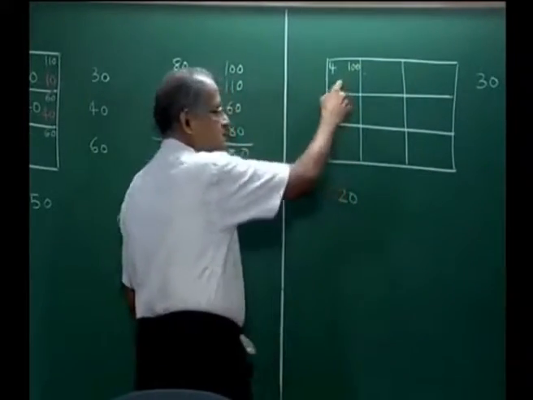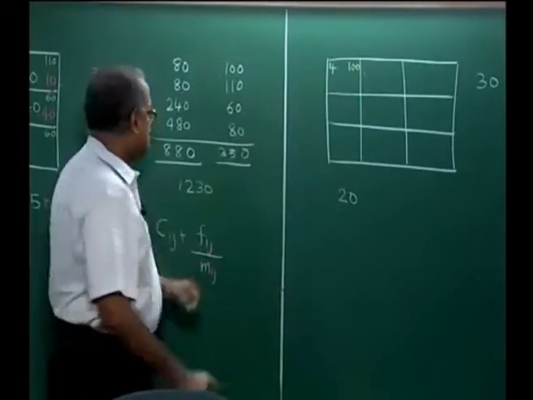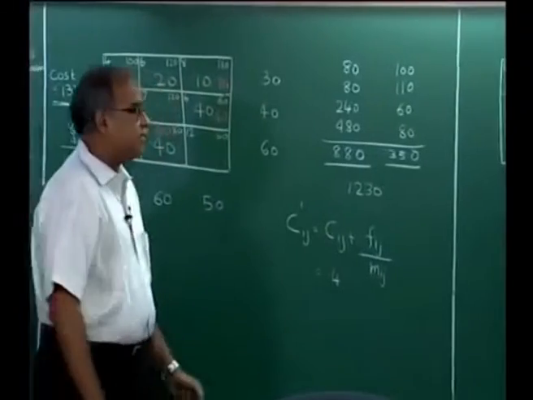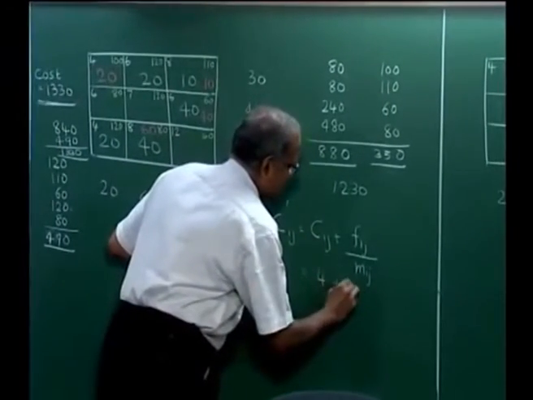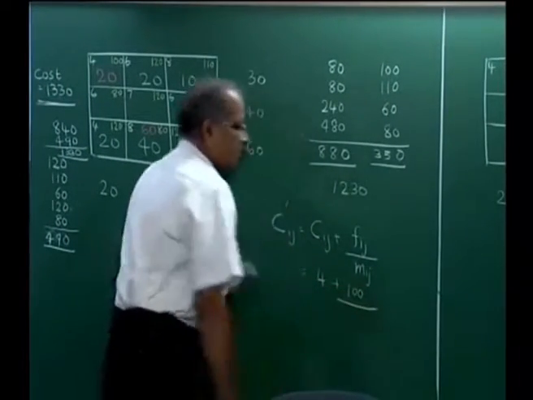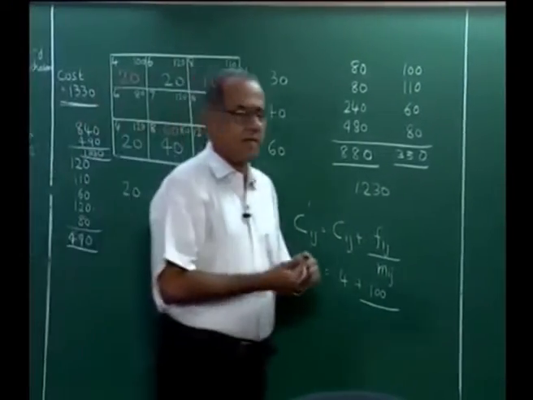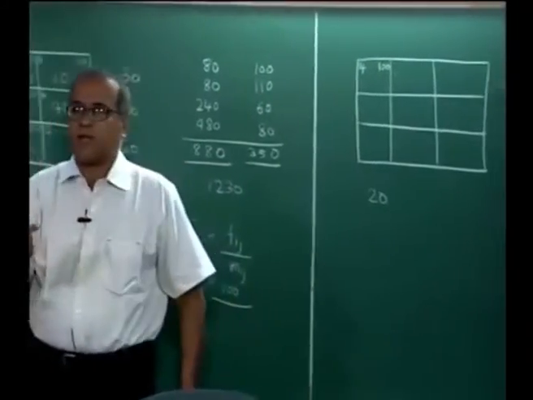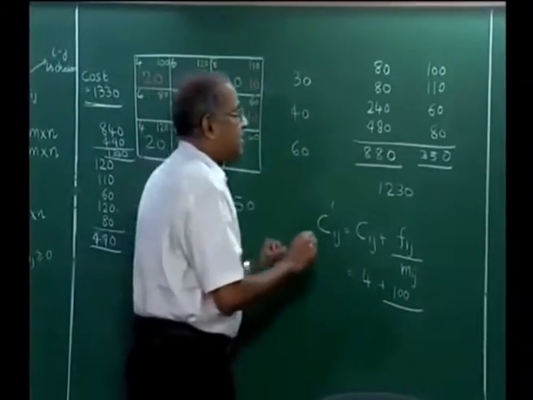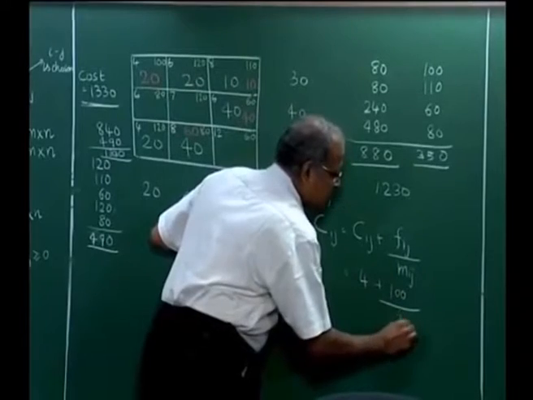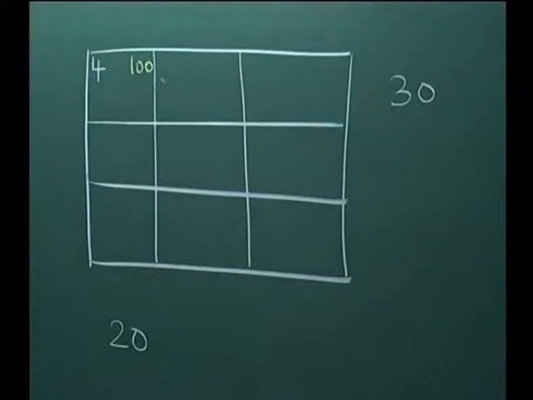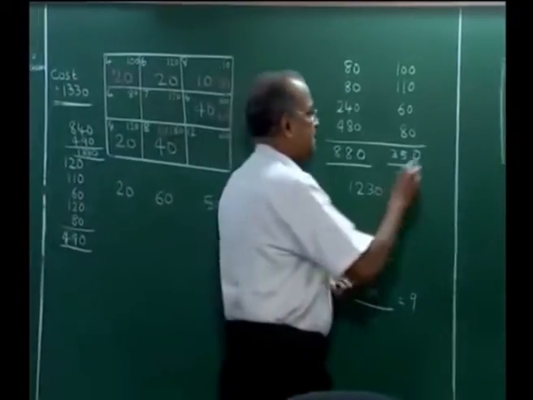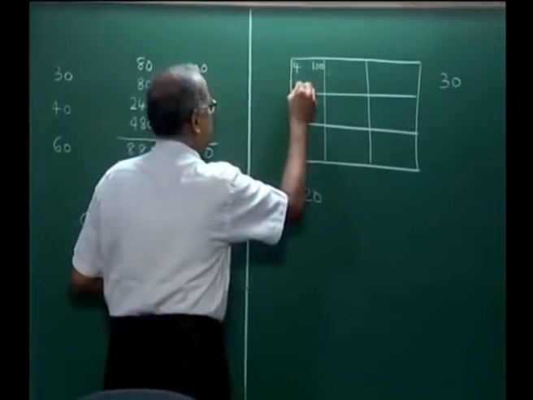So, if we consider this position, C dash ij will be Cij, which is 4, plus Fij, which is 100, divided by Mij, the minimum of the supply and the demand. So, minimum of 30 and 20, which is 20. This would give us a number equal to 9.